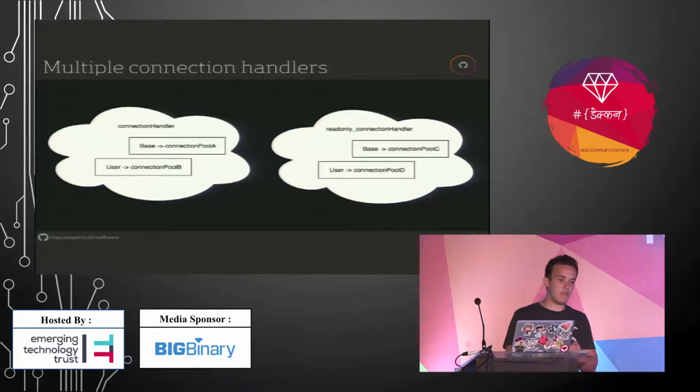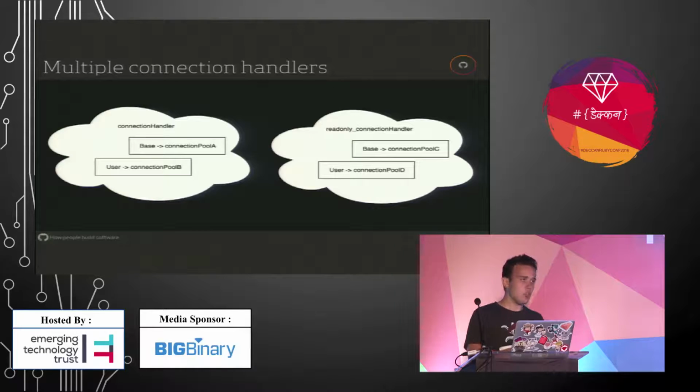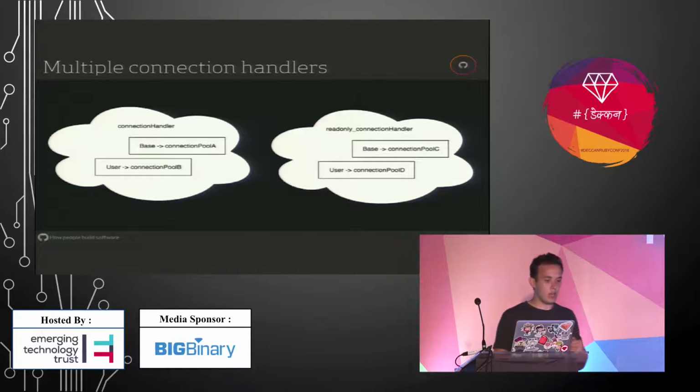They both have two values in that hash map: base points to connection pool A and user points to connection pool B. That's on the default connection handler. The read-only connection handler has the same keys, but different values. So that means now that for the user case, I can point to two different connection pools: connection pool B and connection pool D.